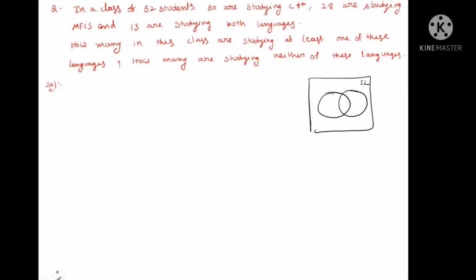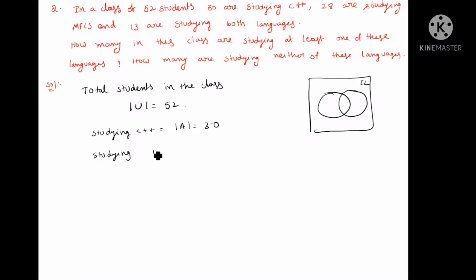So what they have given in the question: total students in the class, that equals mod U equals 52. Now, let A be the set of members studying C++, so mod A equals 30.